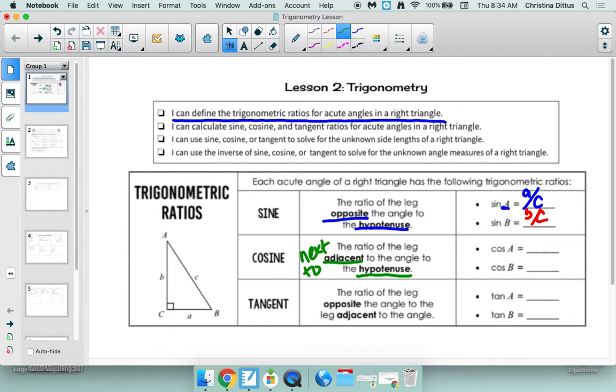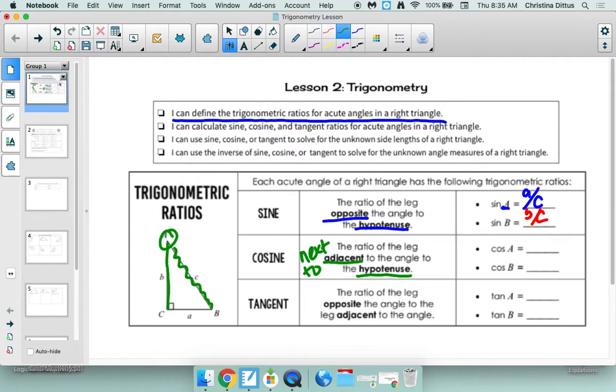So I have the cosine of A, so this angle A. We know C is our hypotenuse. We said lowercase a was our opposite, so that makes this side right here the adjacent side. The adjacent side should touch your angle, and then your hypotenuse.